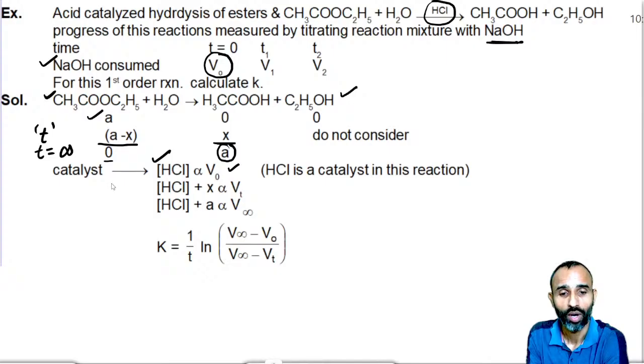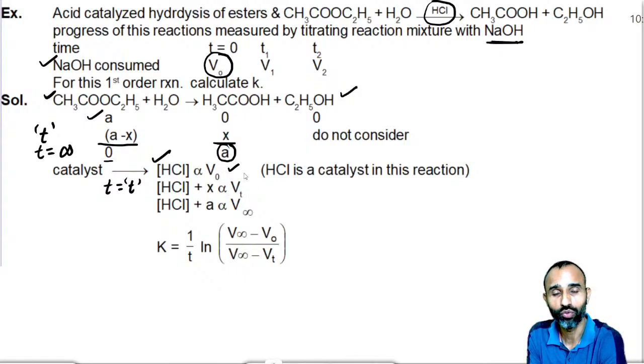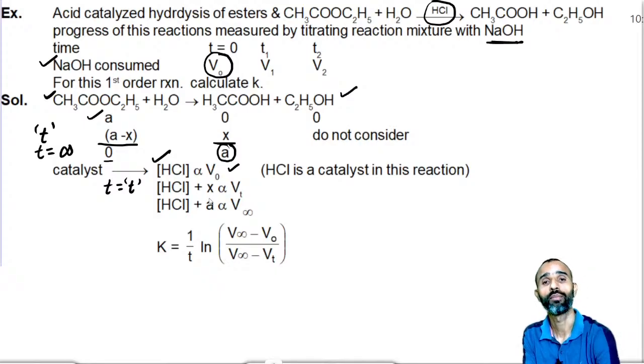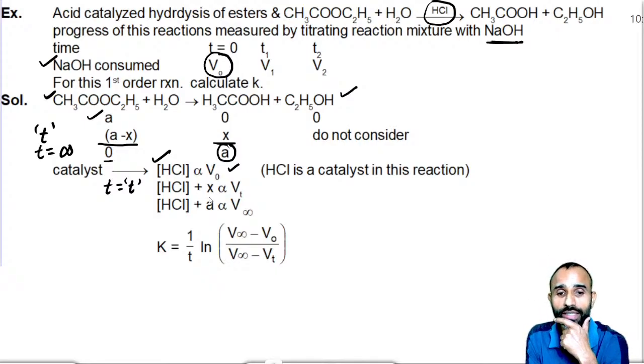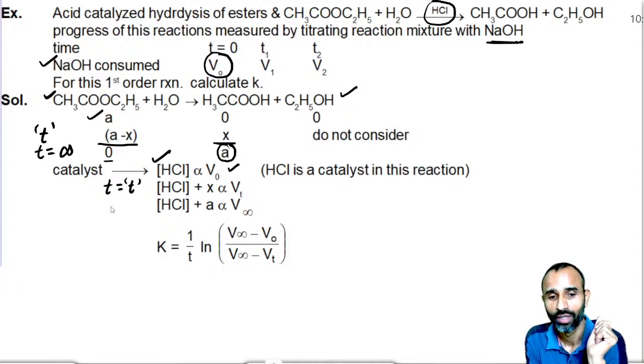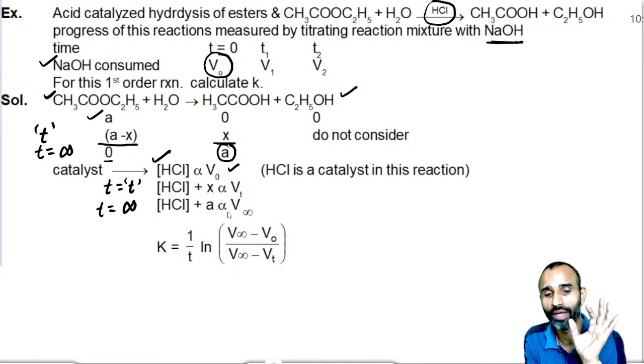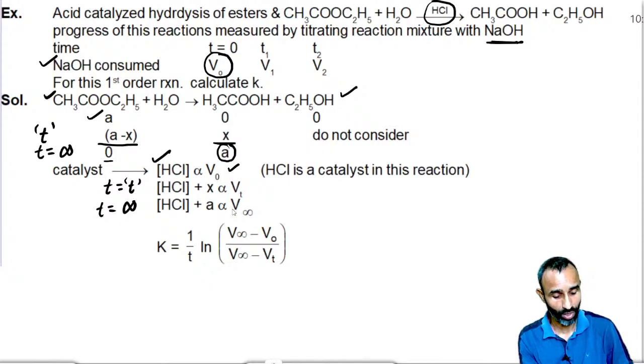Now after time t, volume used of NaOH is HCl plus the amount of acetic acid formed after time t, that is V naught plus x, and at infinite time V naught plus a, that is V infinity.